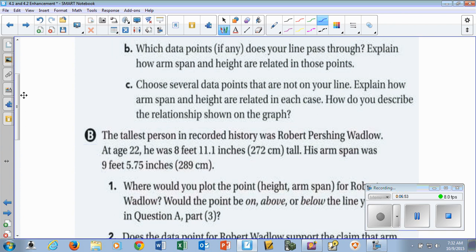so if I want to do part C here off to the side, the points above the line show arm span is greater than the height.